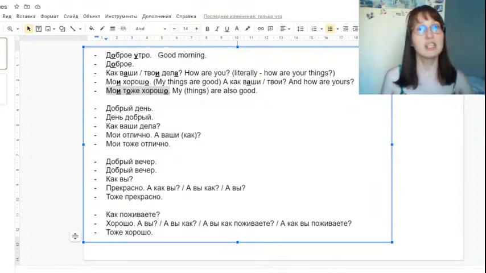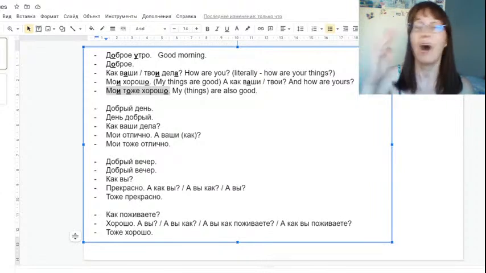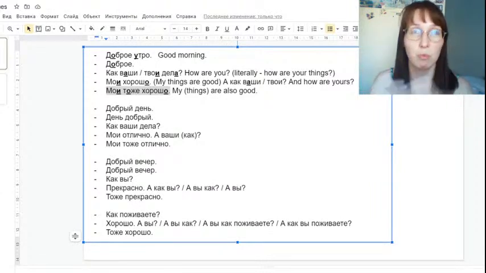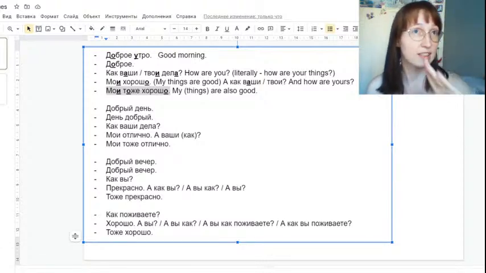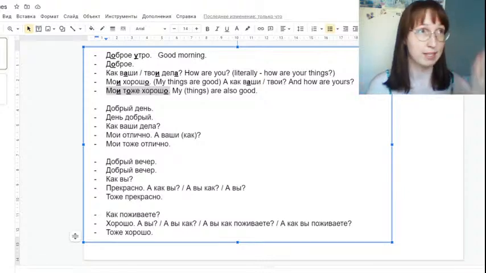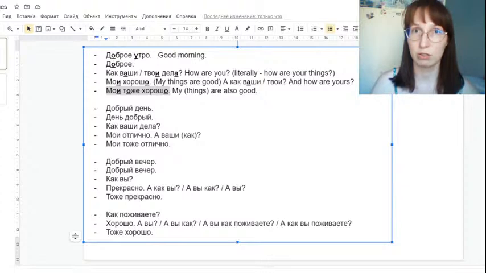So you just need to memorize the words, how they are pronounced. Also, when we learn other forms of the words, you will see that sometimes the stress is systematic, but sometimes it's absolutely not. Okay?